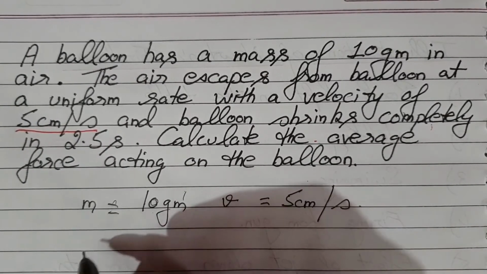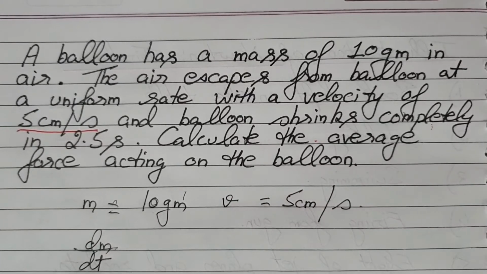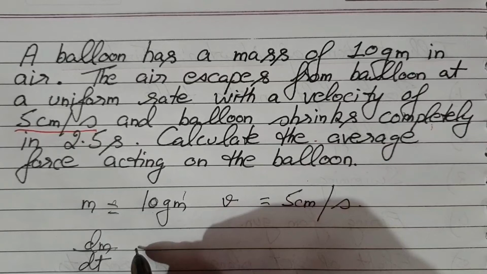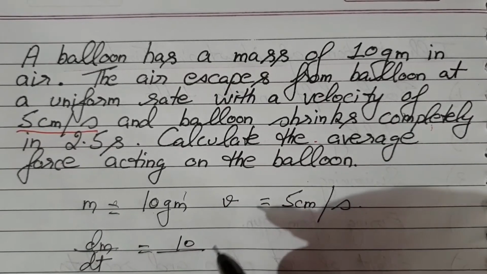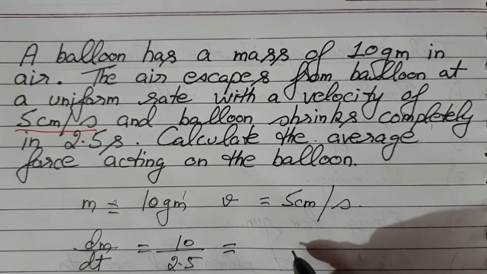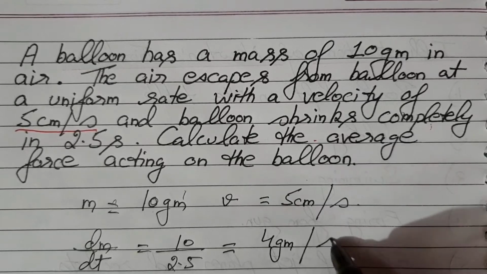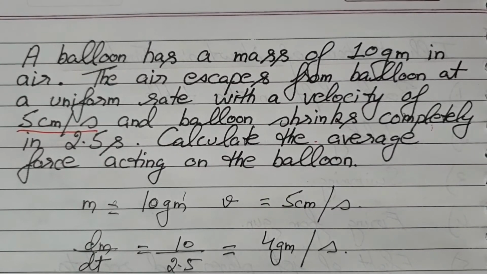So what is given to us is dm by dt. This dm by dt is equal to 10 upon 2.5, which is equal to 4 grams per second. This dm by dt is 4 grams per second.